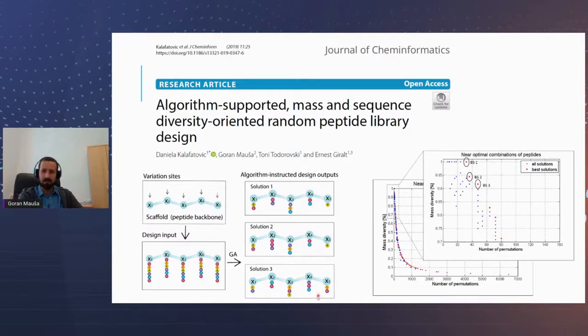But here we can see on this graph that mass diversity would be close to 0. On the other hand, our algorithm proposes smaller solutions, which are around 30 to 80 peptides big libraries, so much smaller libraries, but their diversity aims towards 100%.